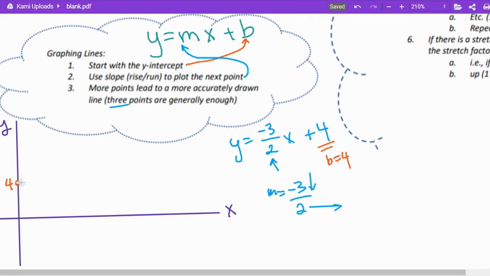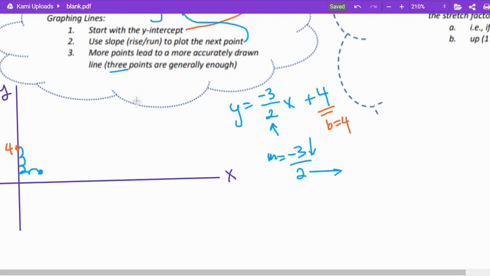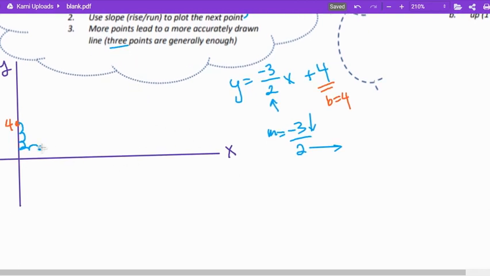So starting with the y-intercept, go down 3: 1, 2, 3 steps, and then 2 across: 1, 2. Draw that point. Now, step 3 is saying more points lead to more accurately drawn lines. So I start at the second point, and I use the slope again to find the next point.